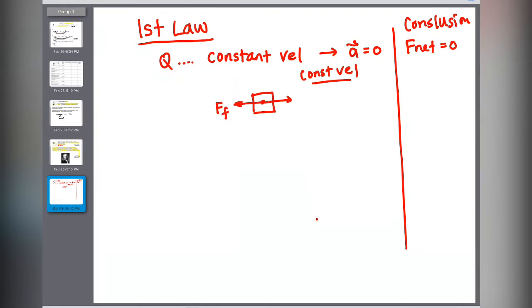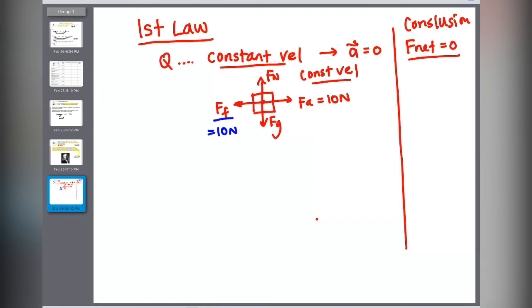If I tell you that there is a friction force, an applied force, a force of gravity and a force of normal, and that the applied force is 10 newtons, and you truly understand Newton's first law, you would be able to tell me that since the car is traveling at a constant velocity, the net force has to be 0. If the forward force is 10, the conclusion I can draw is that the backward force also should be 10 newtons.